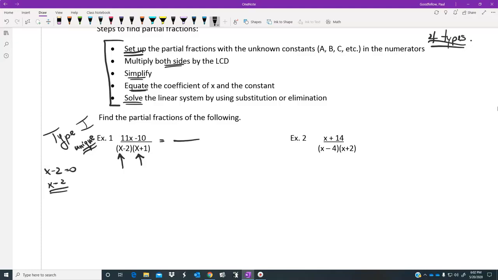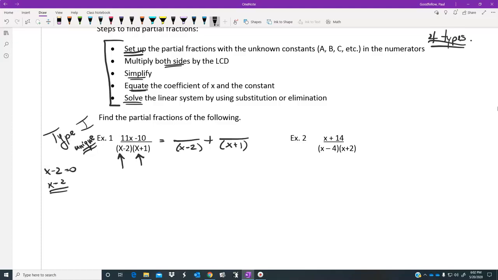Now, the way you set up a type 1 partial fraction decomposition is that you're going to recognize that each one of these unique answers, the unique roots on the bottom, is going to be one of the possible denominators that you're going to see underneath. I always put a plus in between these, but they later can be ideas about subtraction, but it's primarily going to be something that goes on in the numerator that's up above.